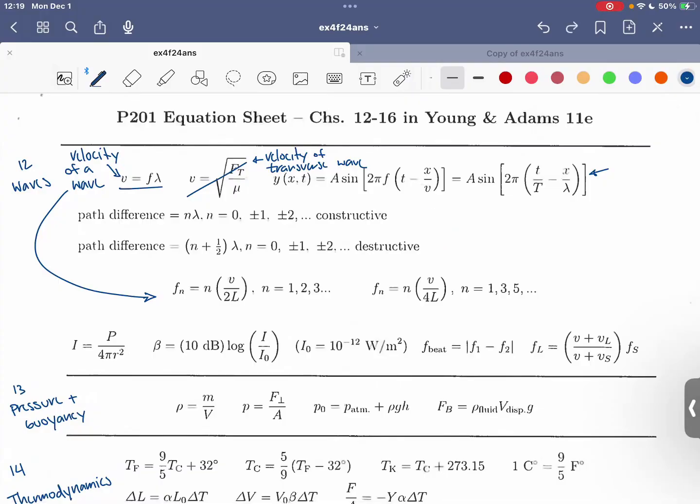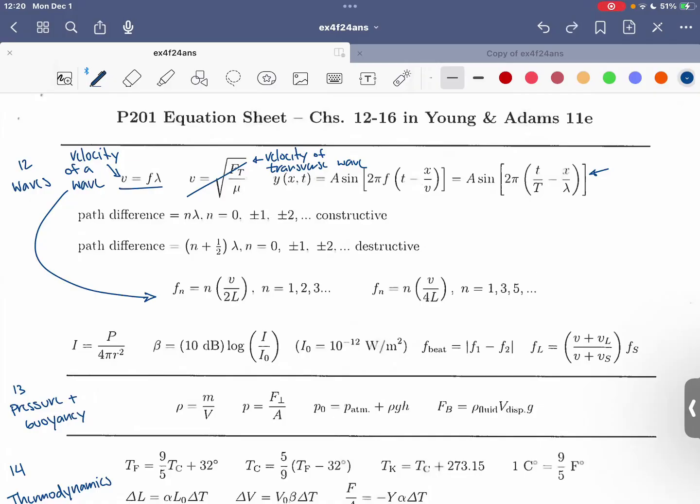But this first equation right here is if a wave is closed at both ends, or if you have a rod that's closed at both ends, or a pipe closed at both ends. And then this second one over here is if you have a pipe or something that's open at one end.